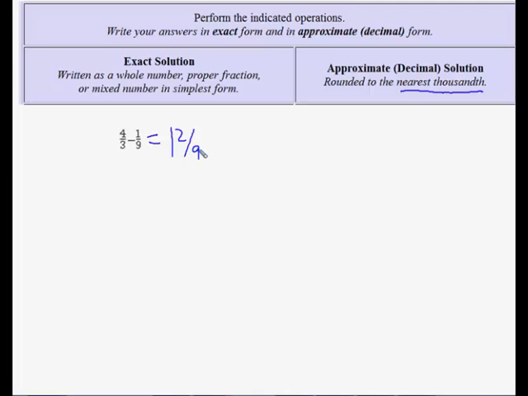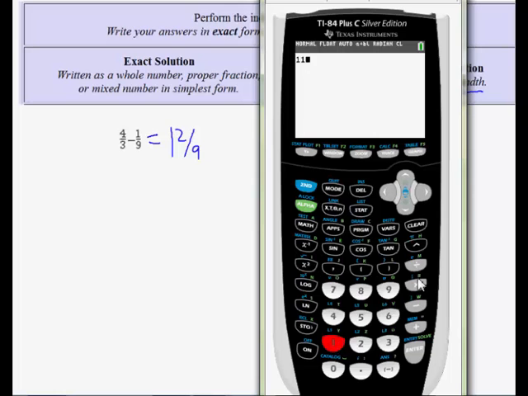Then I will move to a calculator to get the approximate solution. You could either type the 11/9, the improper fraction version of my answer, or you could write 1 plus 2/9. That's the mixed number that we gave here. And you get the same answer. We are to round to the third decimal place, the thousandths place.